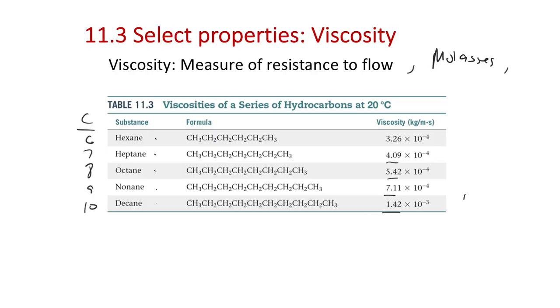So we're increasing our viscosity as we're increasing the intermolecular force, by increasing the dispersion force with a larger molecule. We need molecules that have a strong attractive force to have a higher viscosity.